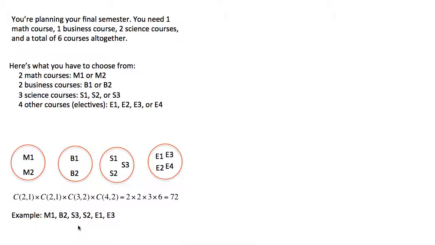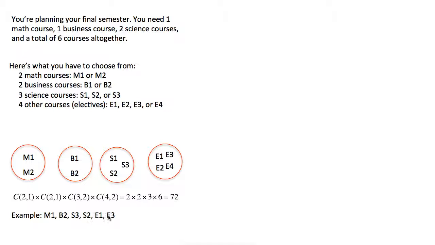Let's think about one specific case that we just counted. It would be the case where we picked M1 as our required math course, B2 as our required business course, S3 and S2 as the required science courses, and E1 and E3 as our electives. And that's a valid case we counted, but you also recognize that there are some cases we missed because, for example, this scenario shows us not choosing B1 as one of our business courses, but we could still use that as an elective if we wanted to.